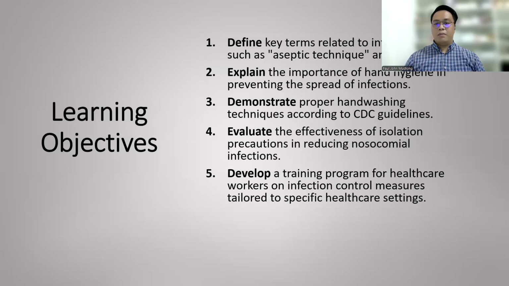Third one would be demonstrate proper hand washing techniques according to the CDC guidelines. Number four, evaluate the effectiveness of isolation precautions in reducing nosocomial infections. Number five would be develop a training program for healthcare workers on infection control measures tailored to specific healthcare settings.